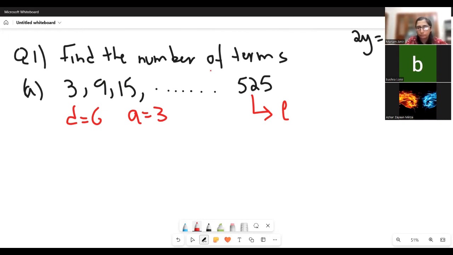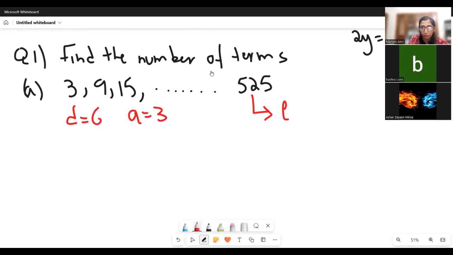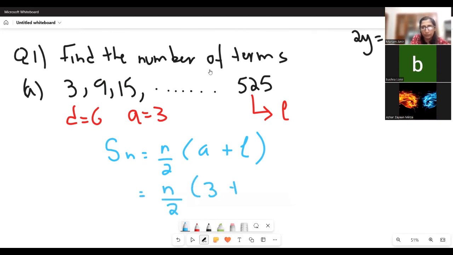मिस जो सम Sn वाला फॉर्मूला है उसमें ये डिटेल्स डाल के. Okay, so let's just take a look if that's right or wrong. Yes, you're saying that we're going to use the formula Sn equals n over 2 times (2a plus l), right? Okay, yes miss. n is what you have to find. Don't copy this yet. a is 3, and the last term is 525.